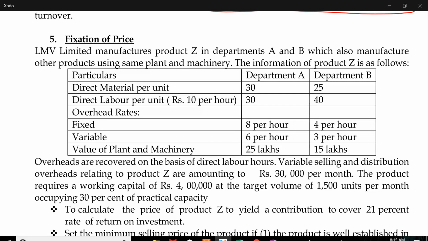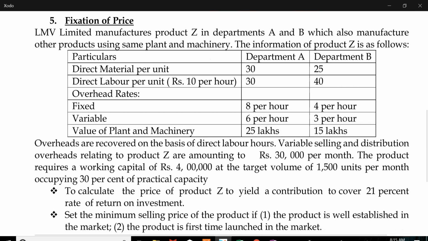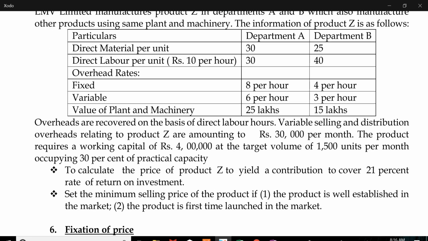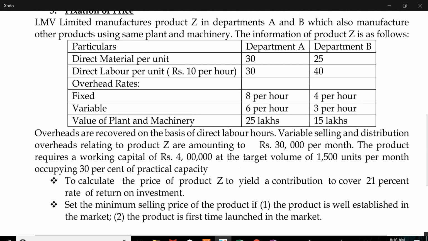Variable selling and distribution overheads is 30,000 per month. The product requires a working capital of 4 lakh at a target volume of 1500 units per month, occupying 30% of practical capacity. Calculate the price of product Z to yield a contribution, and the minimum selling price if the product is well established, and if the product is first time launched.